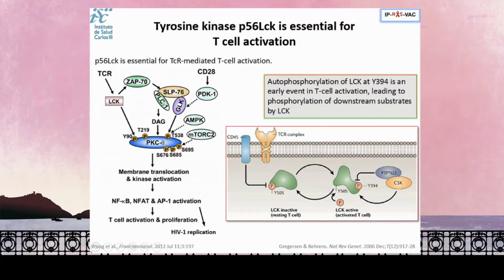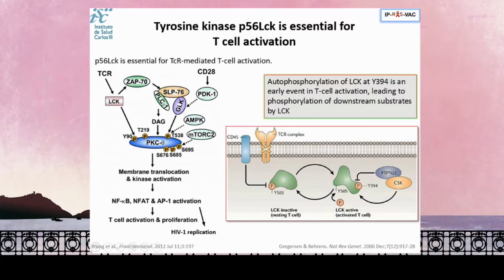So it is very clear that the activation of the CD4 T cells is essential for HIV infection, and at this point we have to search for which is the most important kinase for this activation. We have LCK, which is a kinase that is essential for TCR-mediated T-cell activation.